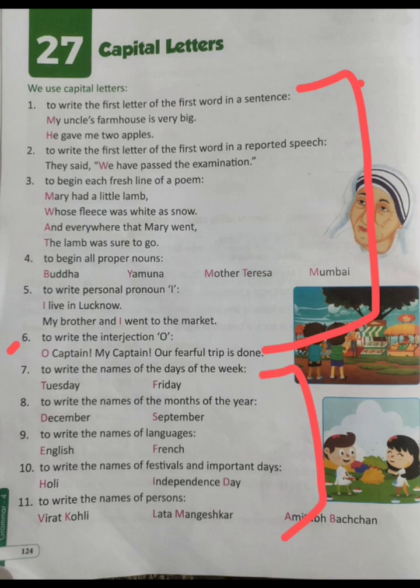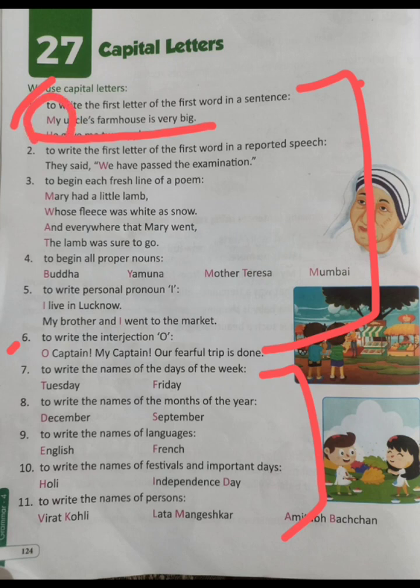Before ending this video, let me explain once again, in short. Rule number 1 is to write the first letter of the first word in a sentence. The first letter of the first word in a sentence should be capital always. When you write a sentence, always make the first letter of the first word capital.